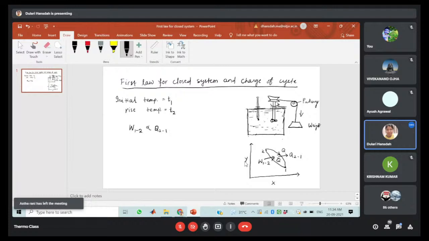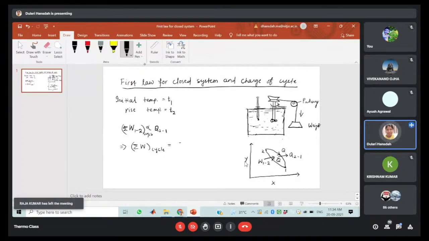Okay, so this is considered for the cycle, or else I can write here, in case of your cycle, summation of energy input is equal to the summation of energy output.